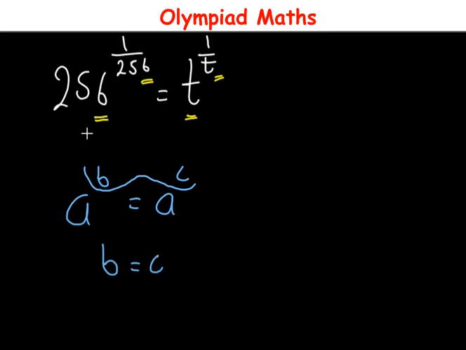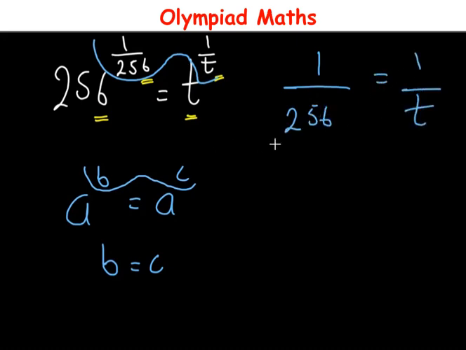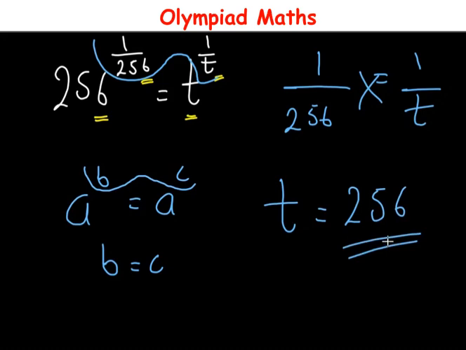Now, in this case, the bases are not equal, but the base and the power denominator are equal. So we can also compare the exponents, such that 1 over 256 is equal to 1 over t. So from here, simply multiply. T times 1 is t, which equals 256 times 1 is 256. And this is the value of t.